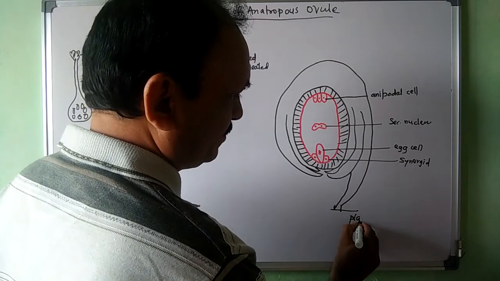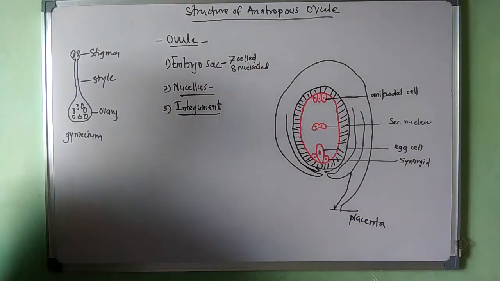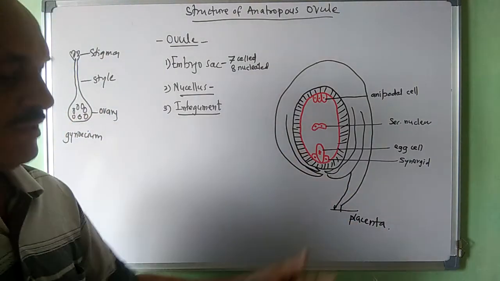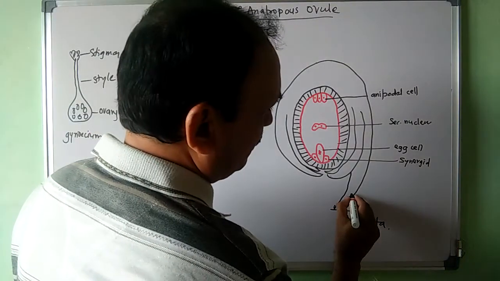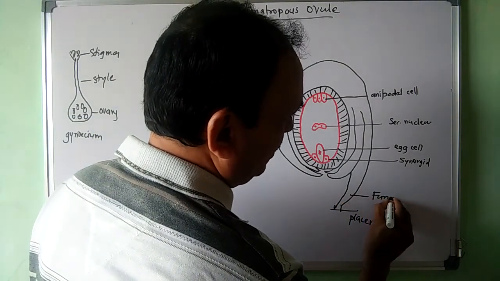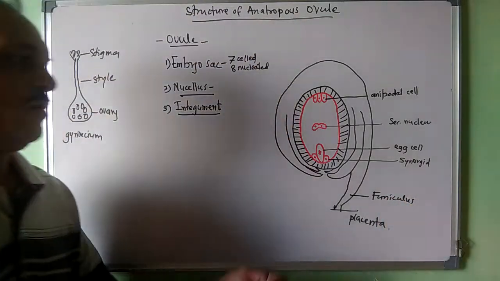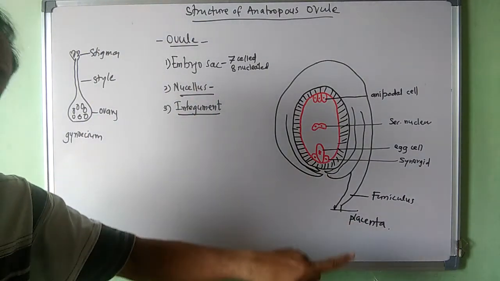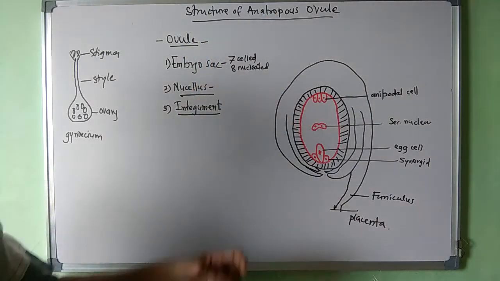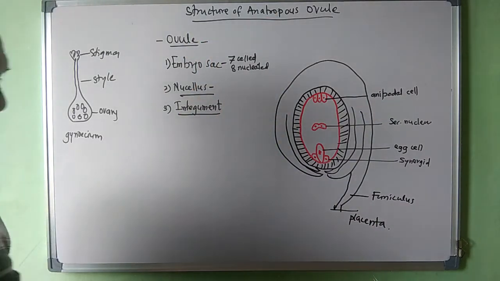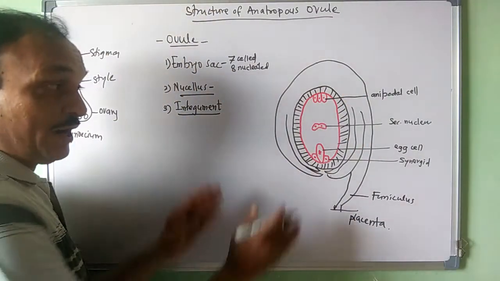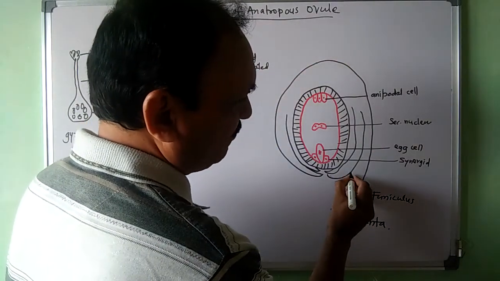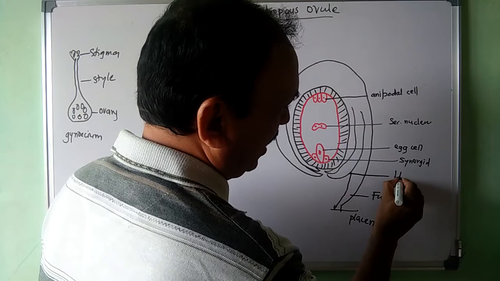This is the placenta. The entire ovule is attached inside the ovary with the placenta, and the stalk-like structure that attaches it to the placenta is called the funiculus. The body of the ovule is attached to the funicle at one point, which is called the hilum.